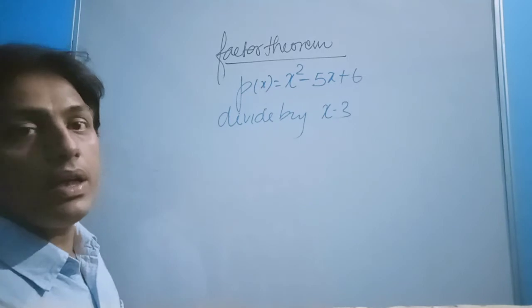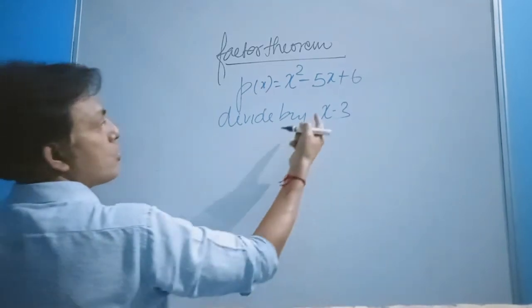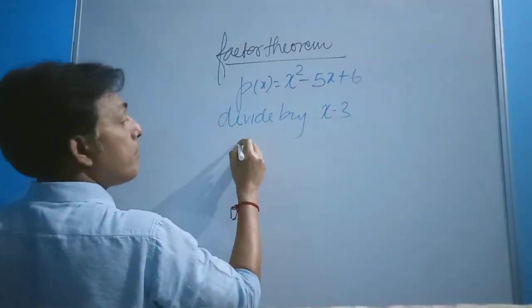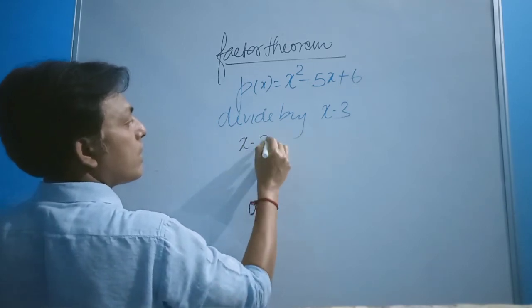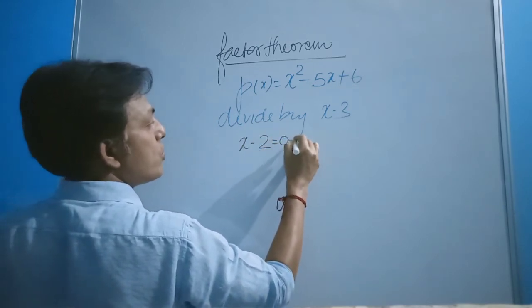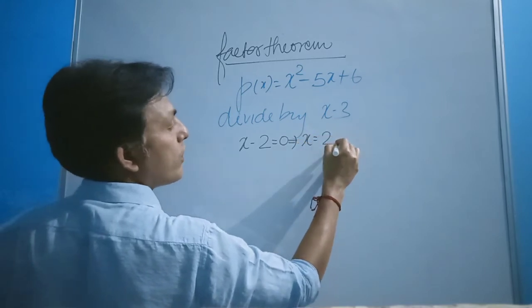What will be the remainder? So to get the remainder, put the divisor equal to 0, find the value of x.